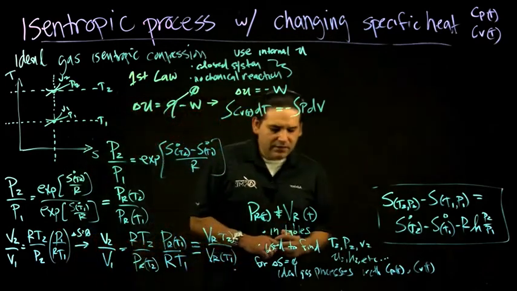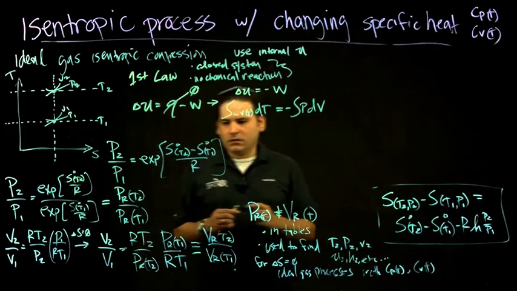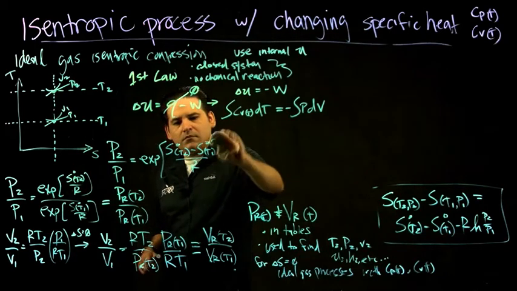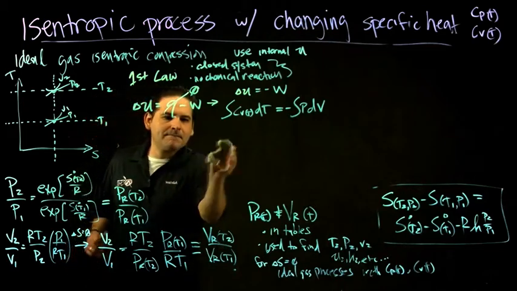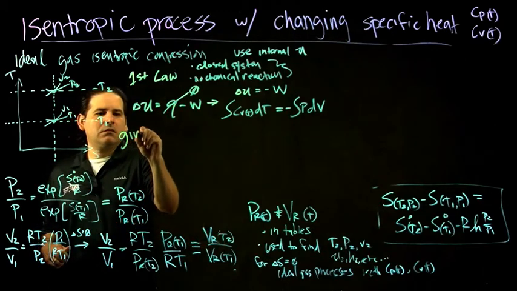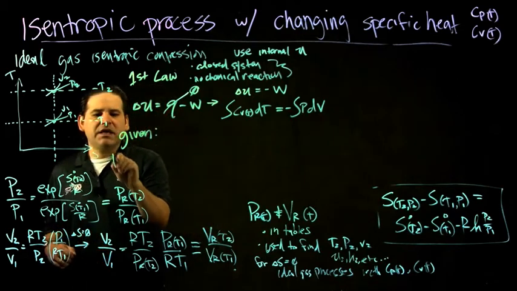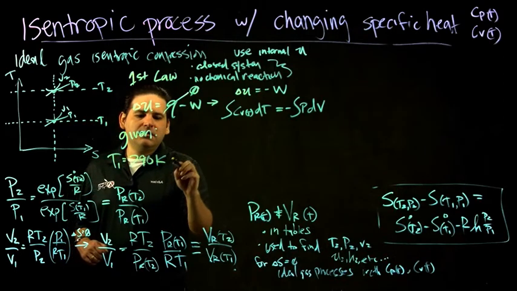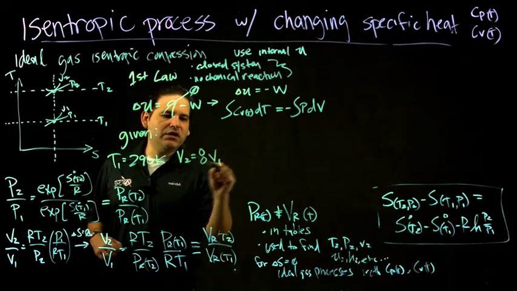Okay, but in this case, all that you're given is that T1 equals 290 Kelvin and that V2 equals 8 times V1.